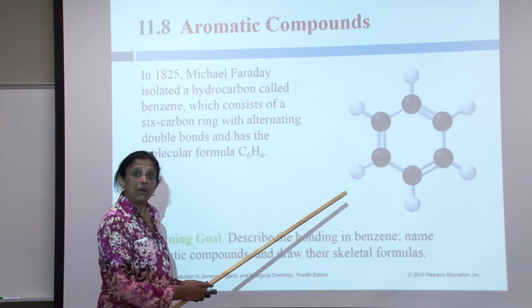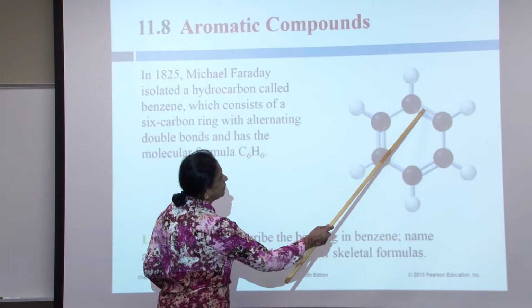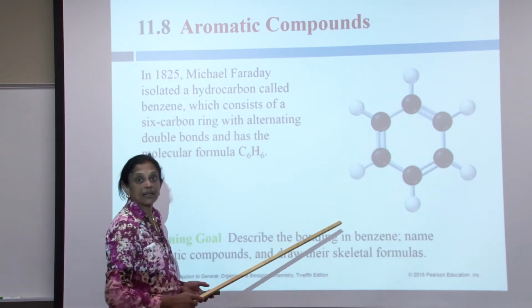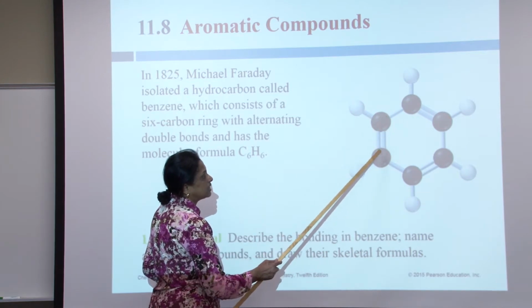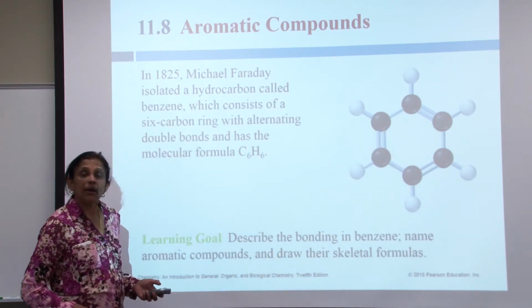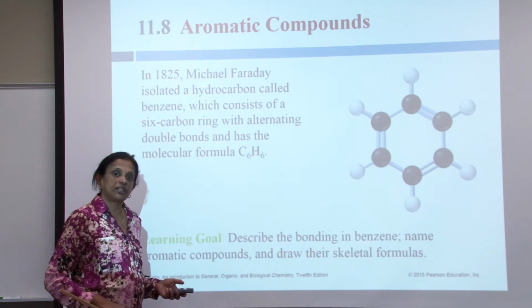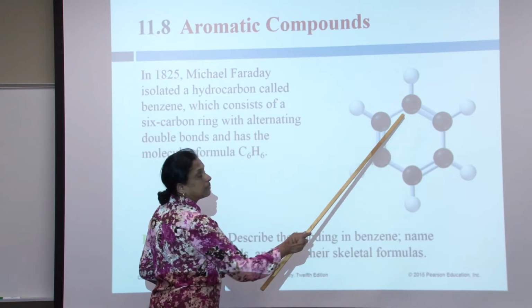How this is different from a cycloalkane is that there are alternating double bonds in this cyclic compound. These cyclic compounds have 6 carbon atoms in a ring. So aromatic compounds have 6 carbons in a ring with a rotating, alternating double bond.